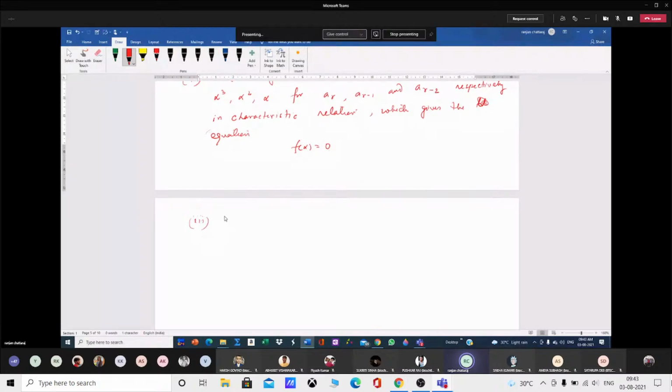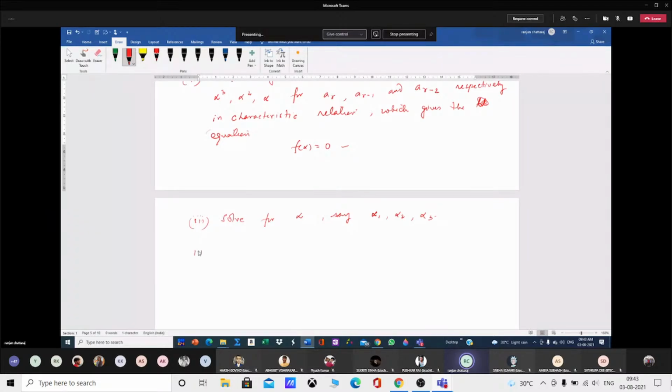Once you are getting it, solve for alpha. Solve this one. Solve for alpha. You are getting alpha 1, alpha 2, alpha 3. And then the conclusion part.